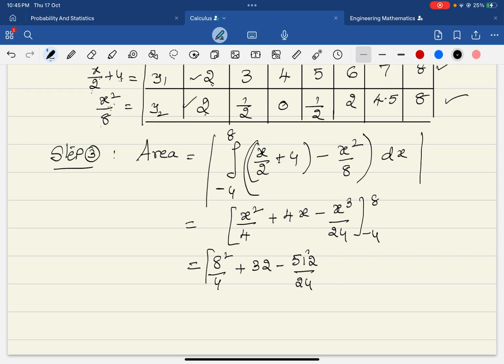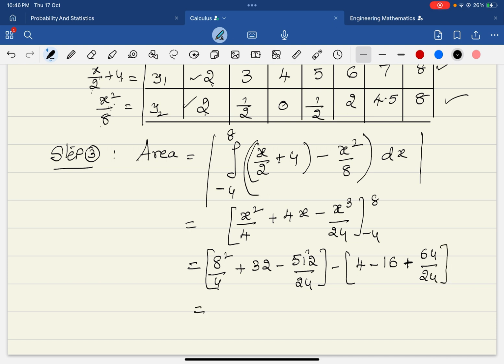The upper limit is over now. Now slowly we will do the lower limit. Minus 4 the whole square is 16. 16 by 4 is 4. Now plus 4 into minus 4, that is minus 16. Minus 4 the cube, that means minus 64. So we write 64 over 24. So these are the values.